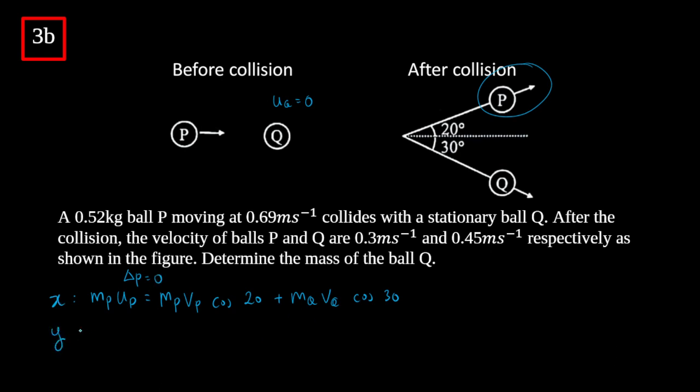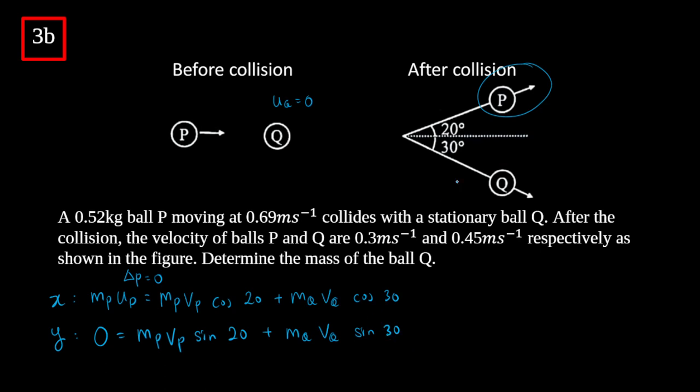So that's the equation that I will get if I apply conservation of momentum in the x direction. In the y direction, before the collision, there's no motion in the y direction, so I can immediately write down 0 equals mp vp sine 20 plus mq vq sine 30.